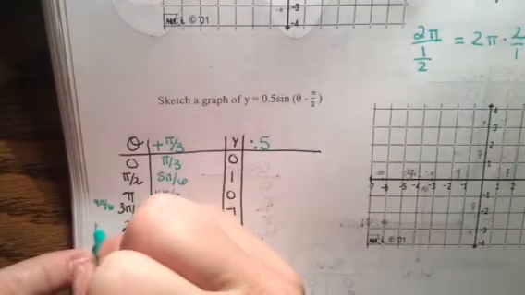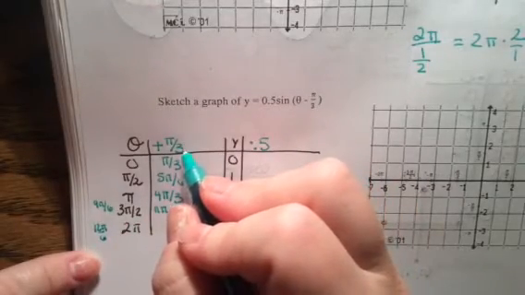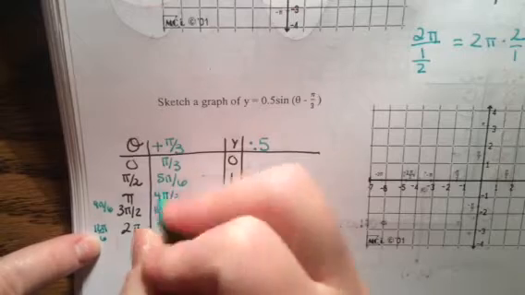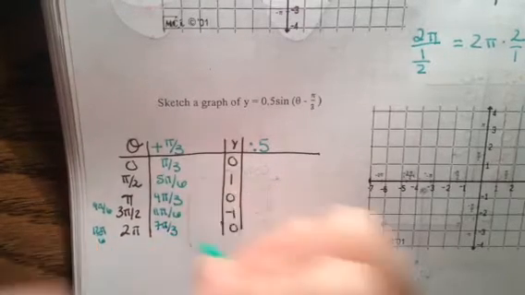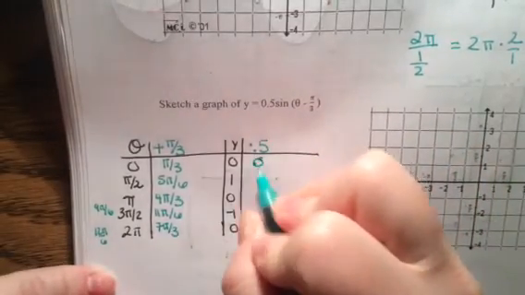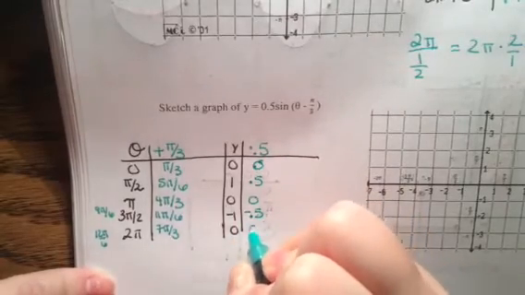So this is equivalent to 12 pi over 6. This is equivalent to 2 pi over 6. 14 pi over 6 reduces to 7 pi over 3. There we go. I'm going to multiply and get 0, 0.5, 0, negative 0.5, and 0.